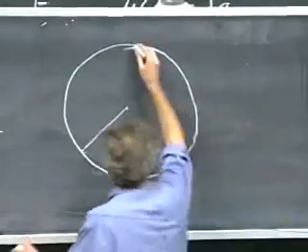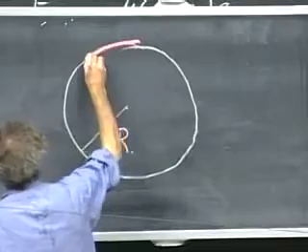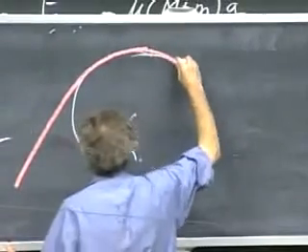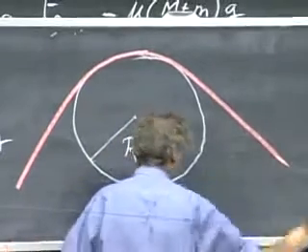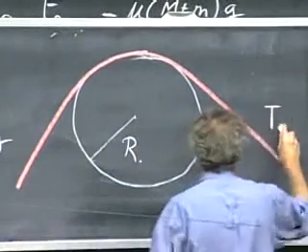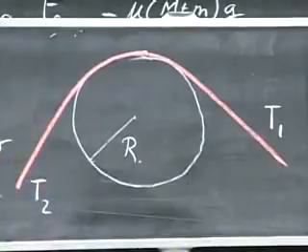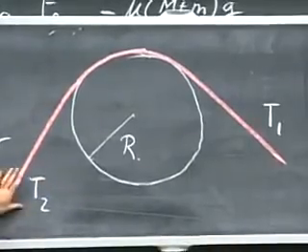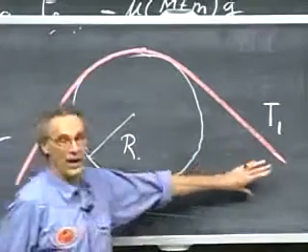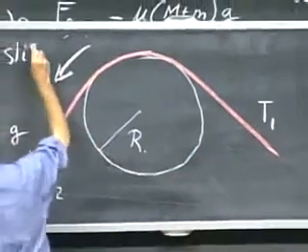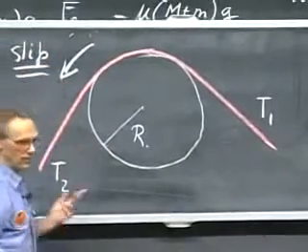I'll give the rope a collar. Doesn't have to come off vertically, of course. Could be at any angle. There it is. And so here is my T1, and here is my T2. And we take the situation that the pull on this side is way larger than on that side, so that this rope wants to slip in this direction. That's what it would like to do.